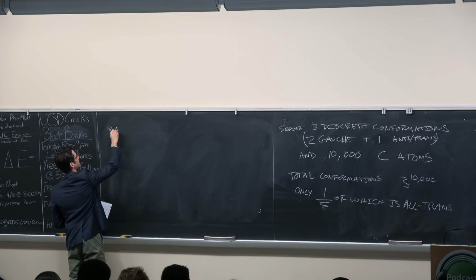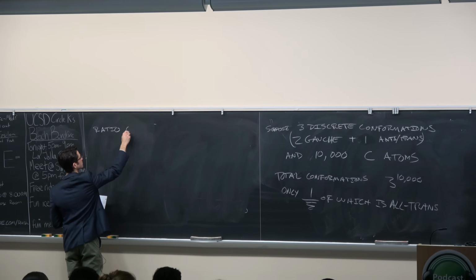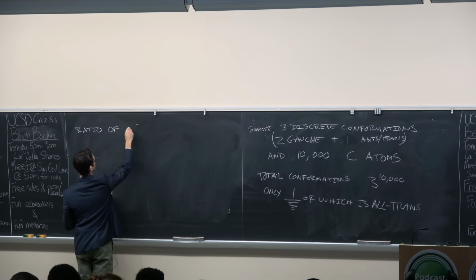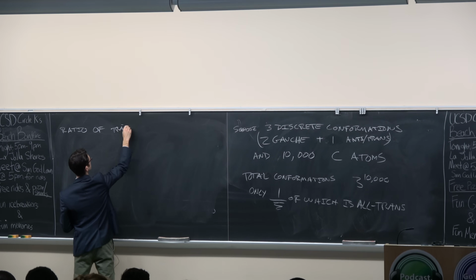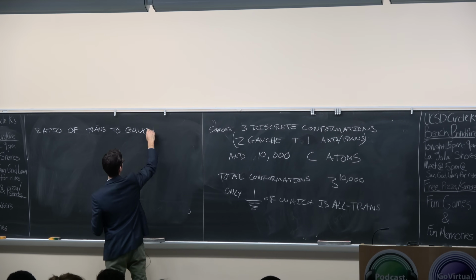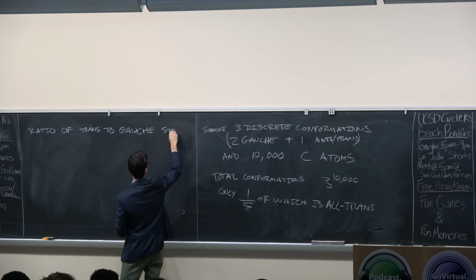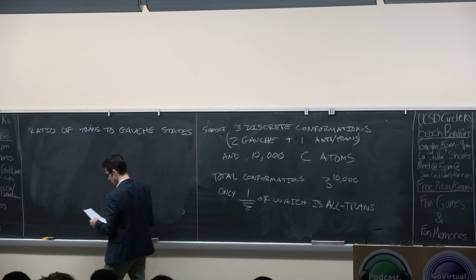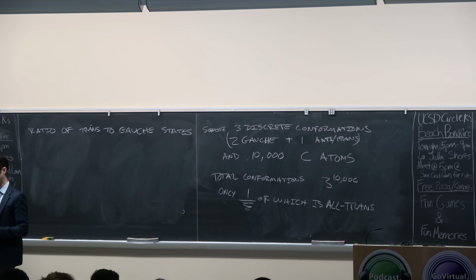We can calculate the ratio of trans to gauche states by a ratio of a Boltzmann distribution.